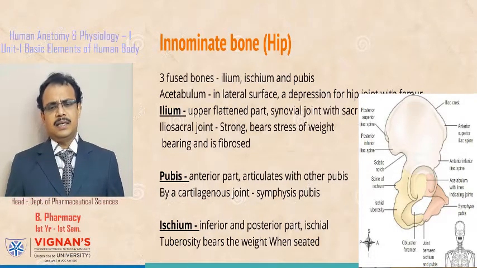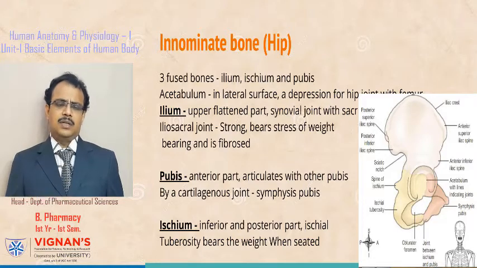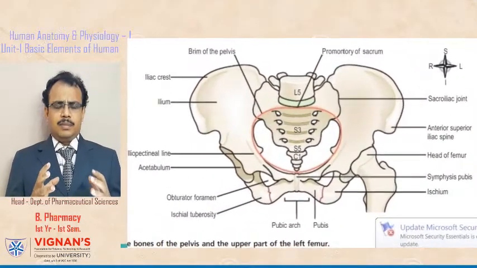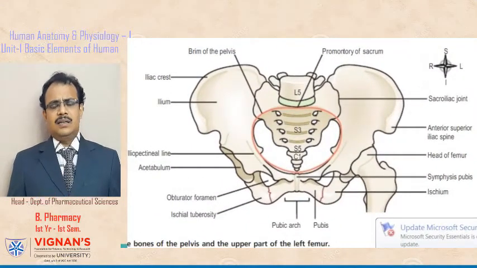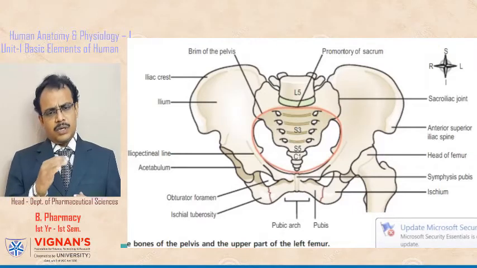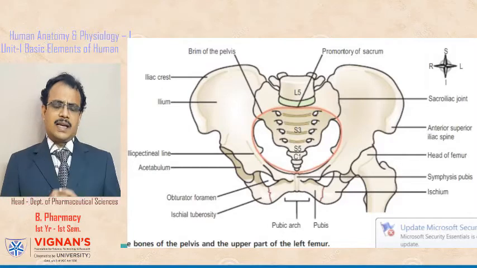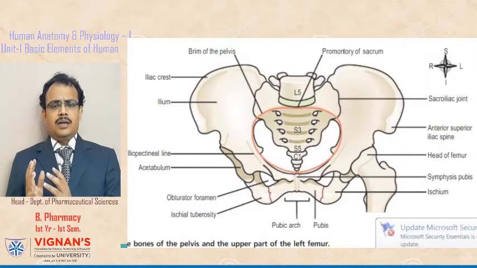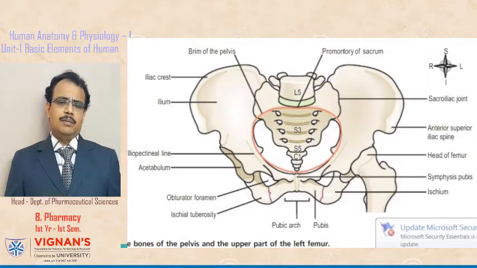We have seen that these 2 innominate bones and the sacrum together form the pelvis, and this pelvis can be divided into true pelvis and false pelvis. The promontory of the sacrum, that is the protrusion of the sacrum, and the iliopectineal lines of the innominate bone together form the brim of the pelvis.